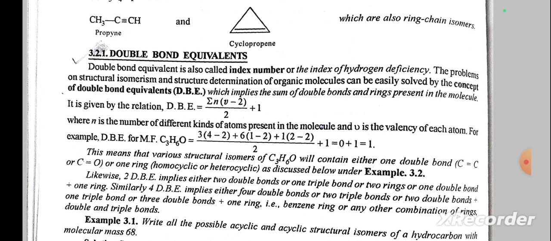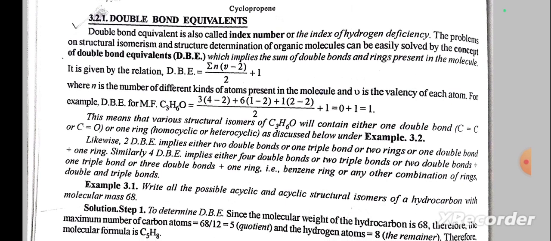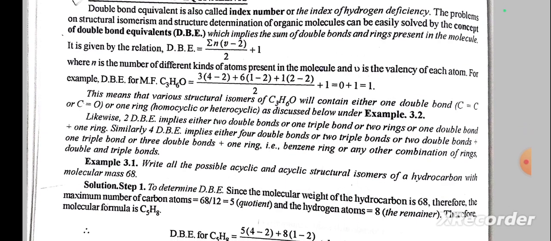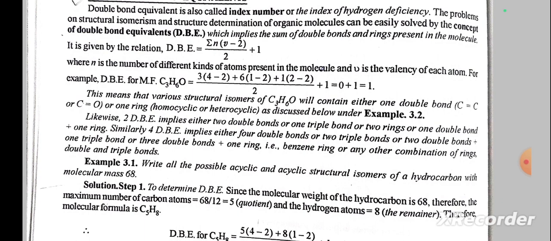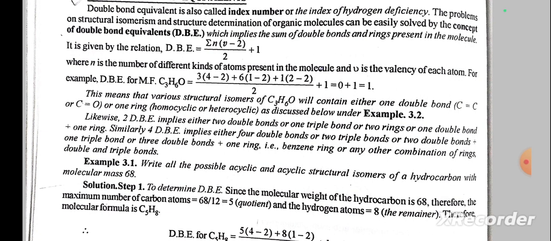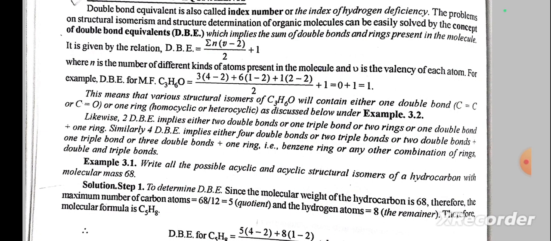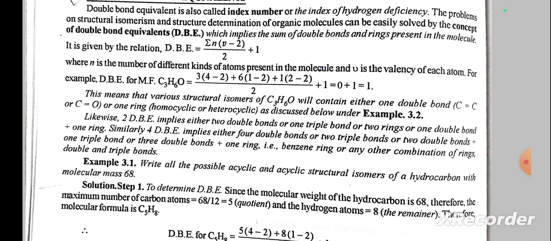Where n is the number of each kind of atom present in the molecule and v represents the valency of each atom. For example, DBE for MF C3H6O is equal to [3 × (4 minus 2) plus 6 × (1 minus 2) plus 1 × (2 minus 2)] divided by 2 plus 1, which is equal to 0 plus 1, equal to 1.